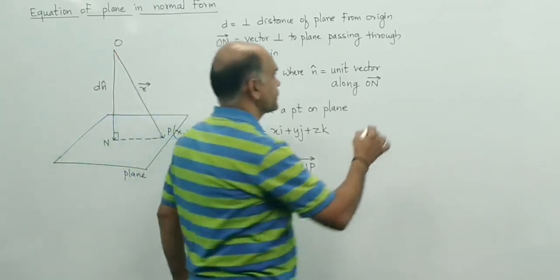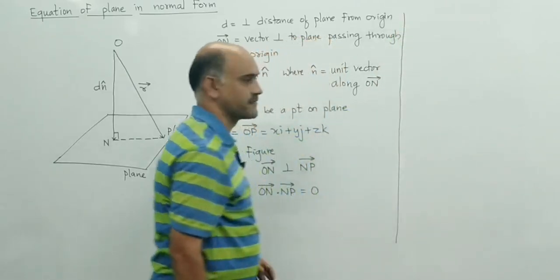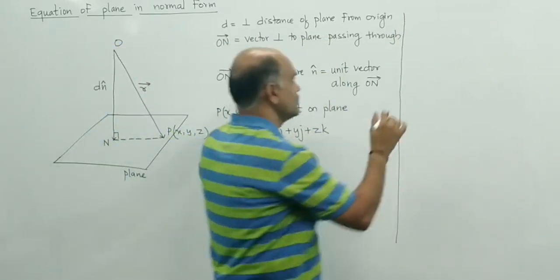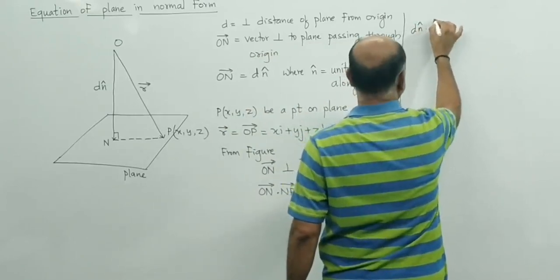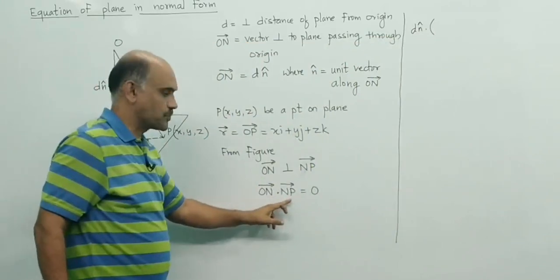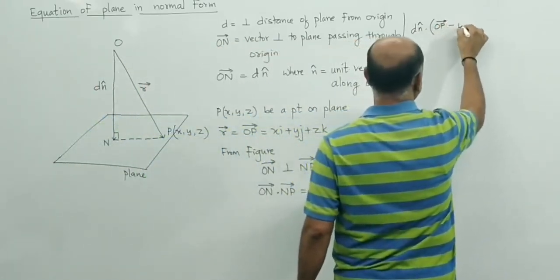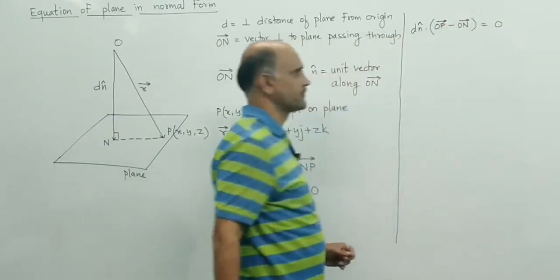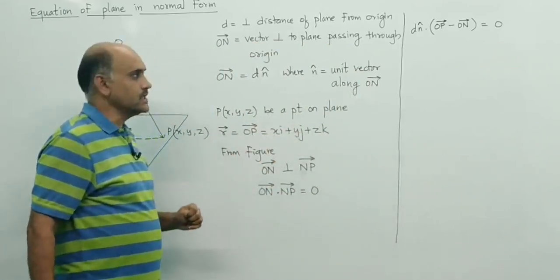Now I will substitute and simplify. ON is nothing but D into n cap, dot NP. In terms of position vectors, NP I can write as OP minus ON, so this equals 0.